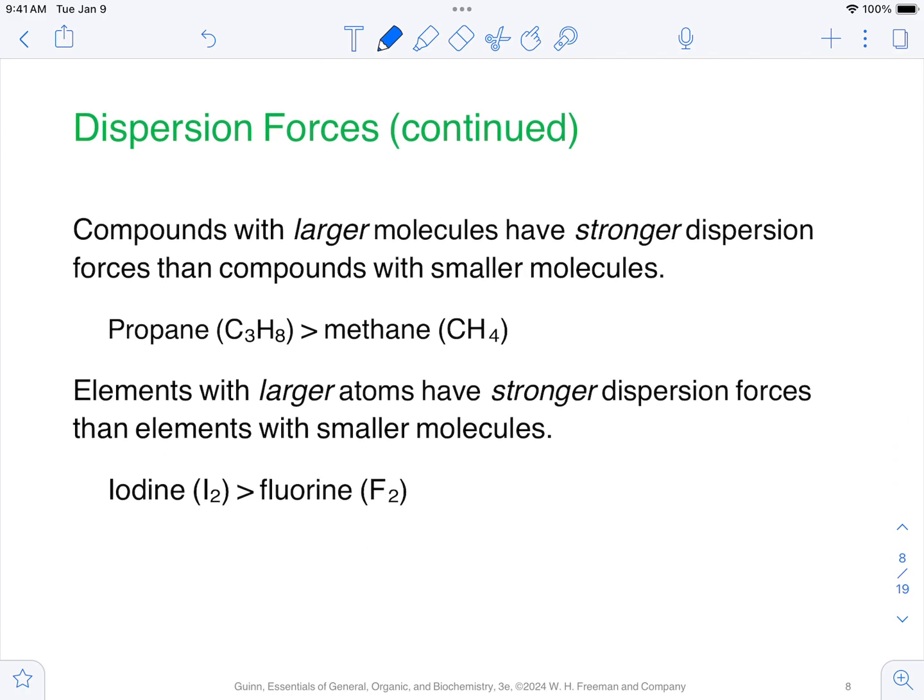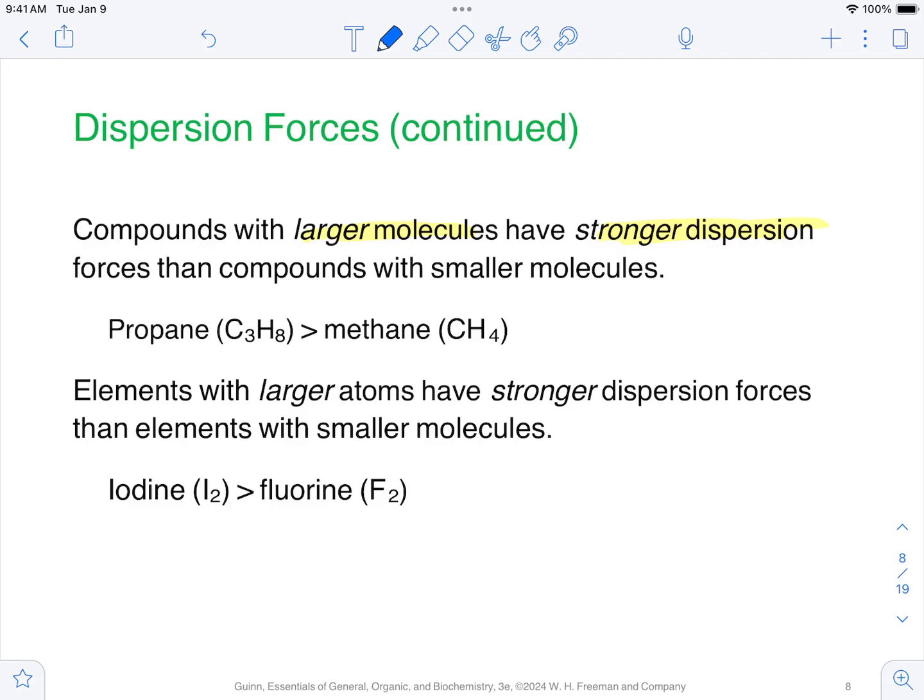Now, if you're comparing two molecules and the two molecules only have LDF forces, let's pretend they don't have dipole-dipole forces or hydrogen bonding, the larger molecule has stronger dispersion forces. And by larger and smaller molecules, we just mean by looking at their molar mass.